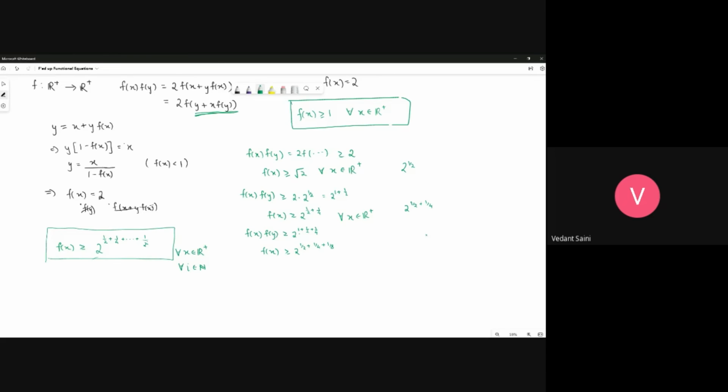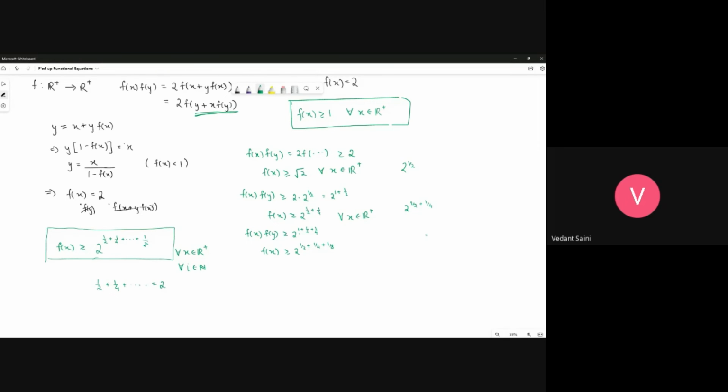Exactly. The thing in the power can get arbitrarily close to 2 and it is always less than 2. This is standard. The infinite geometric series.